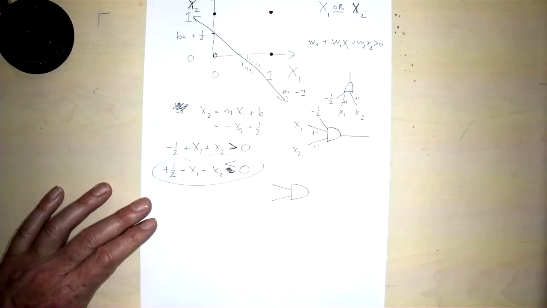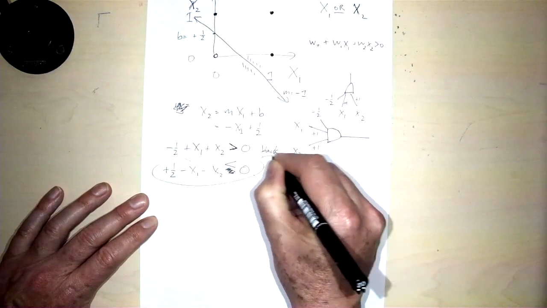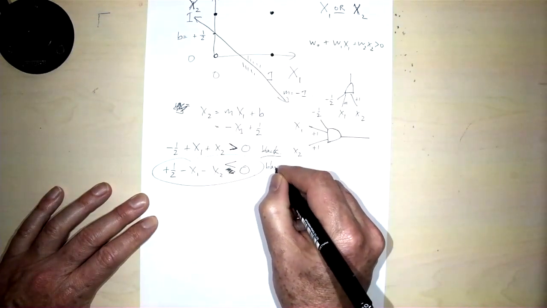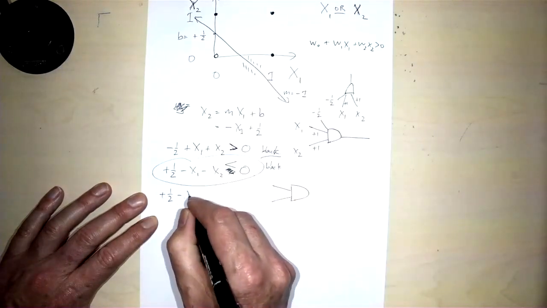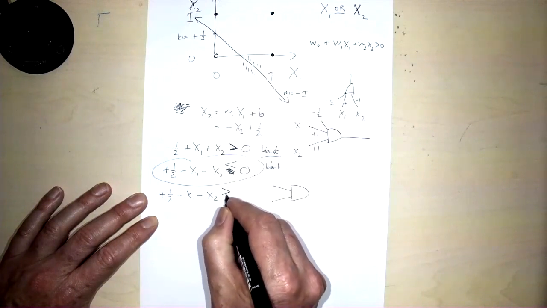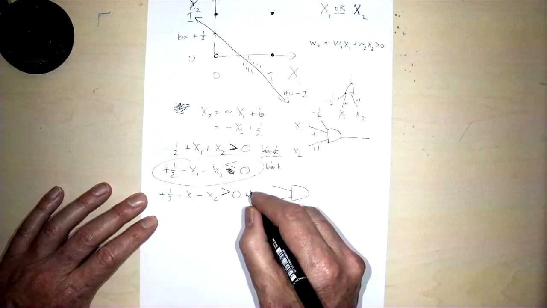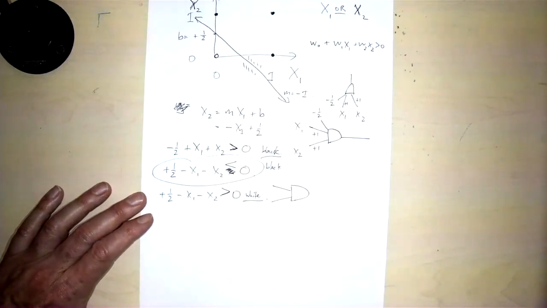This is true for the black points. This is the same, so it's also true for the black points. But then if I swap this and say, well, I'm interested in the points where this is bigger than 0, then this would be true for the white points and not the black points. I think, is that right?